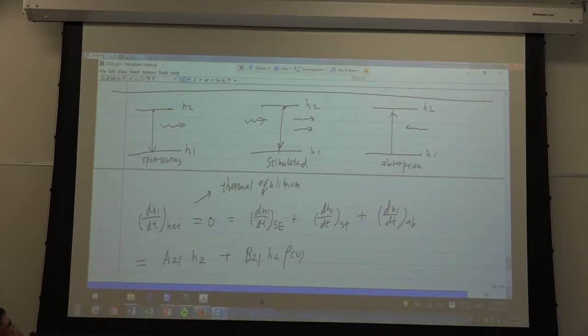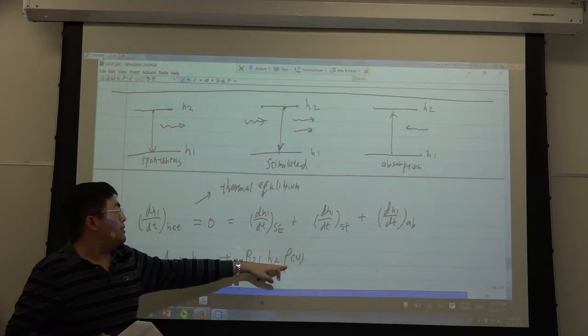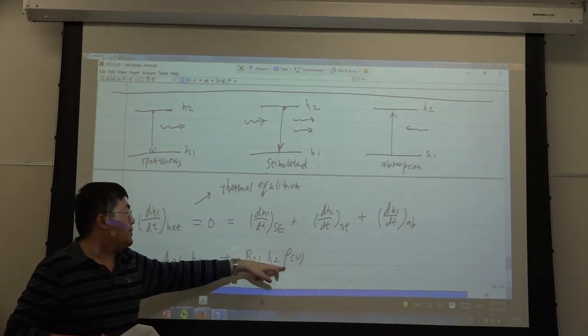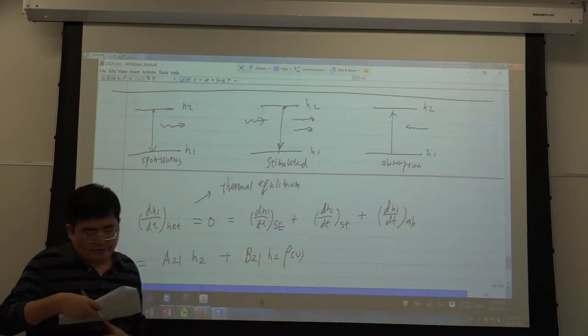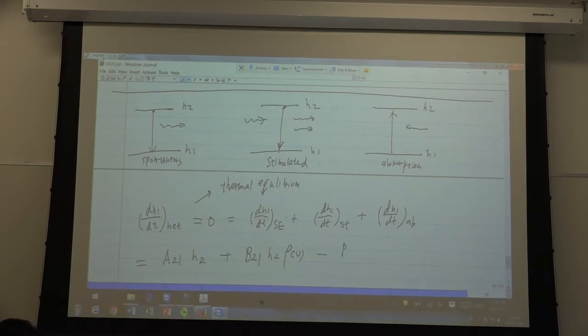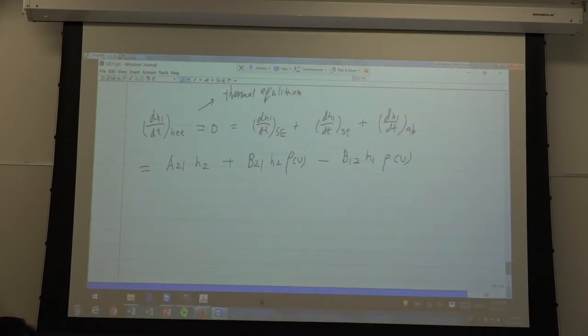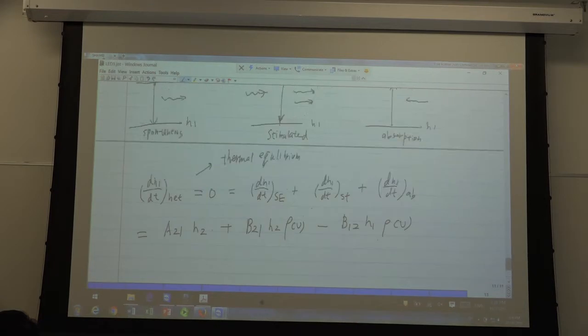This is important: rho is the black body spectrum. And absorption just decreases: B12, n1, and rho. It has 3 terms, and they should balance each other.